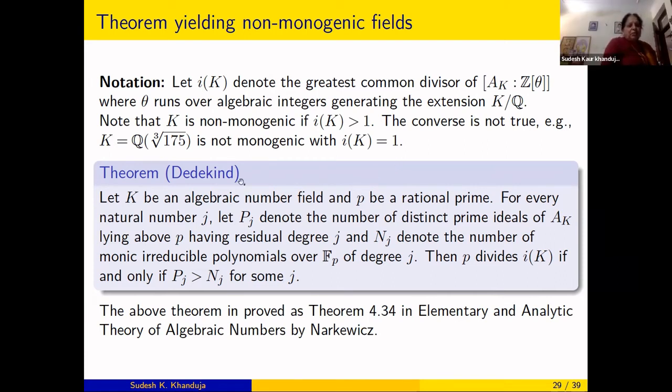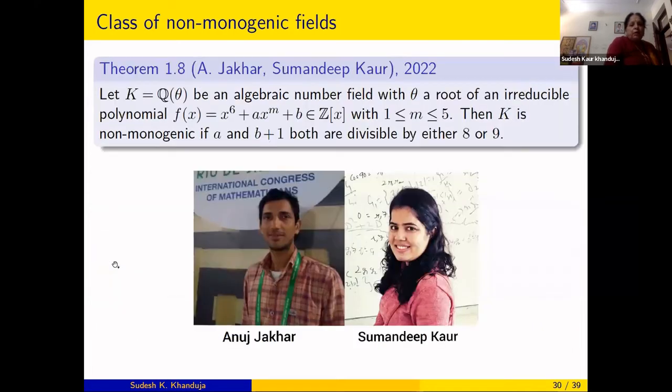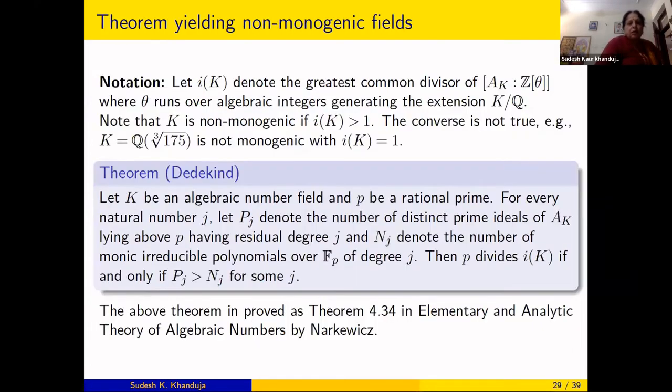So, theorem, and this is again by Dedekind. Let K be an algebraic number field and p be a rational prime. For any number j, let p_j denote the number of distinct prime ideals of A_K lying above the prime p having residual degree j, and let N_j denote the number of distinct monic irreducible polynomials over the field F_p of degree j.